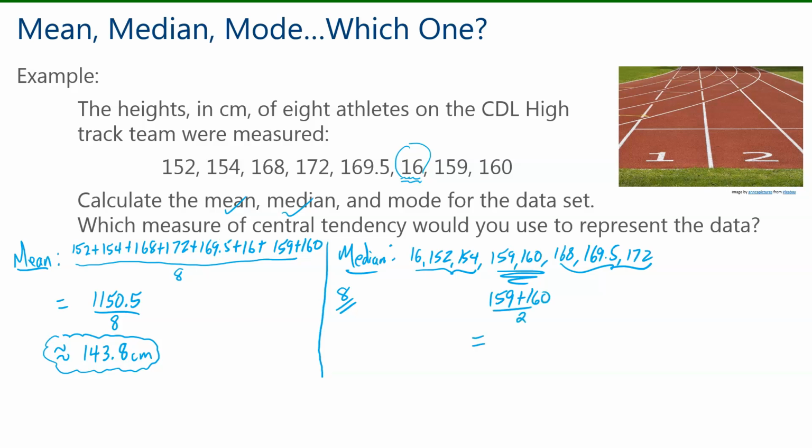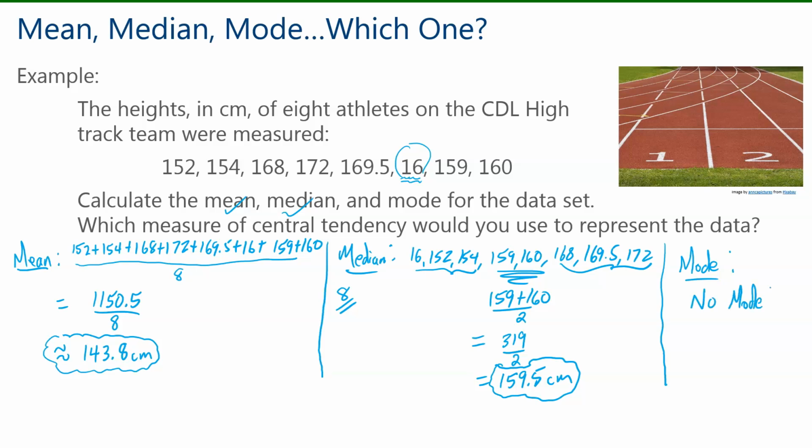Though you can likely figure out the middle of 159 and 160 easily, the process is adding those 2 values and dividing by 2, which is finding the mean of those 2 values, and we will get 159.5. Midway between 159 and 160, 159.5 centimeters. That's our median. Our mode for this data: when we look at our data values, there is no data value that repeats itself. Therefore, no mode.